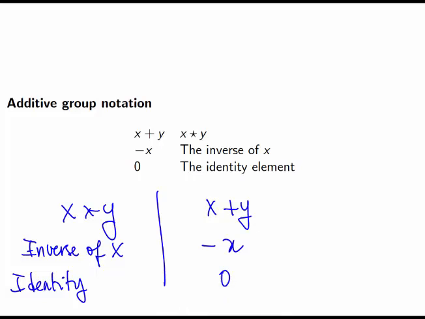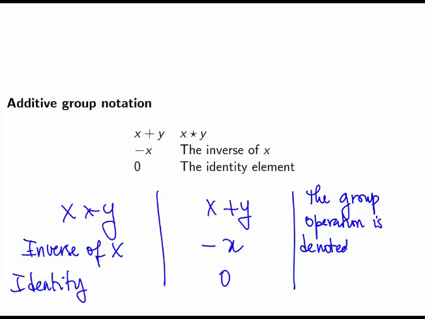Okay? And the 0 you know of, we may not be dealing with real numbers. And when we adopt this notation, we'll say that the group operation is denoted additively.